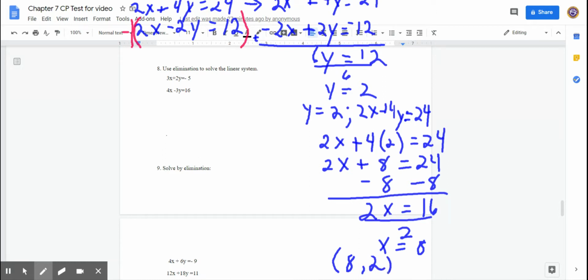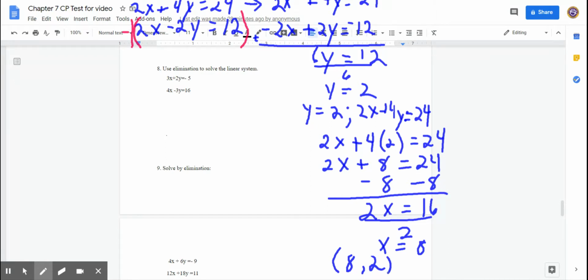And again, you can plug them into your equation to make sure that they work. If you have 8 times 2 is 16, plus 4 times 2 is 8, 16 plus 8 is 24. If you plug them in the second equation, you get 16 minus 4 is 12. So 8, comma 2 does work.